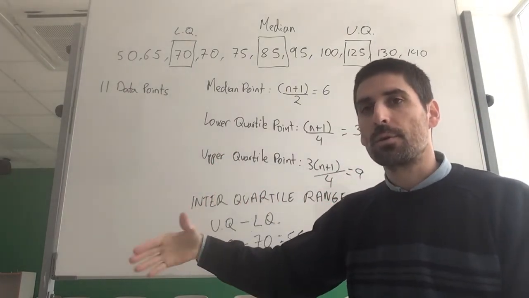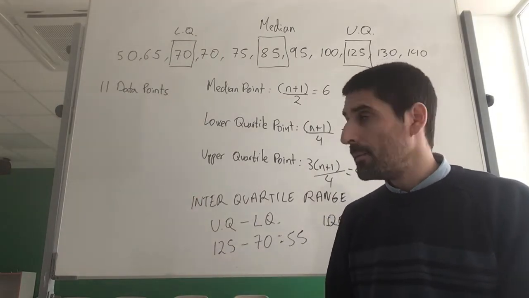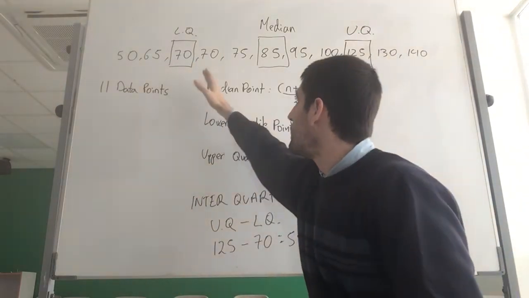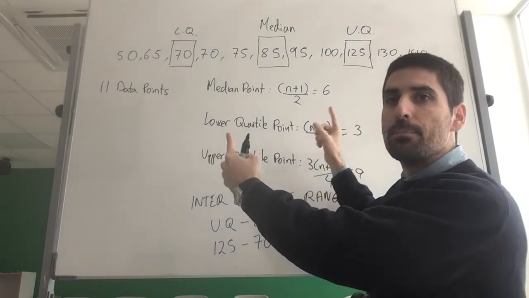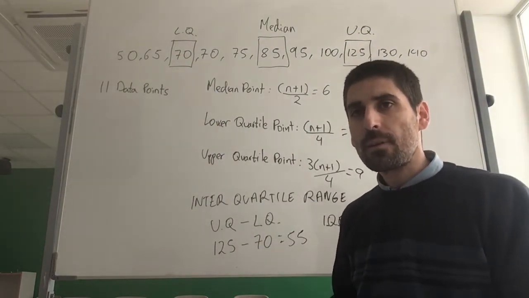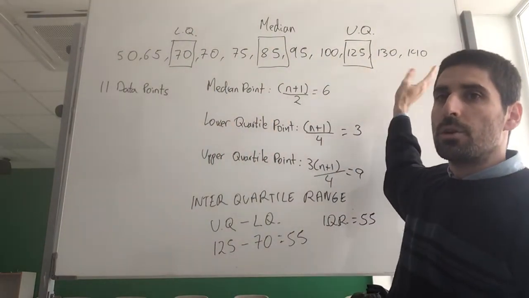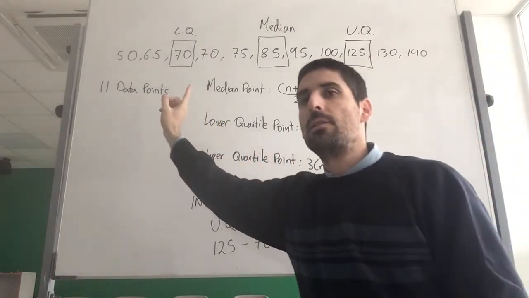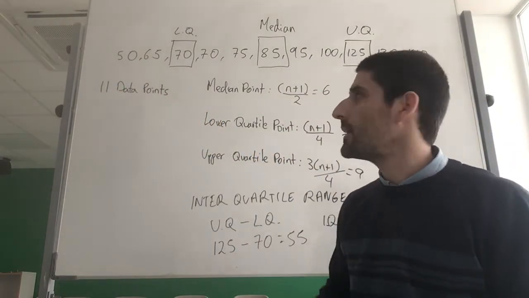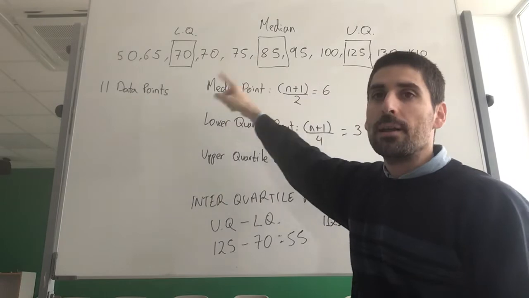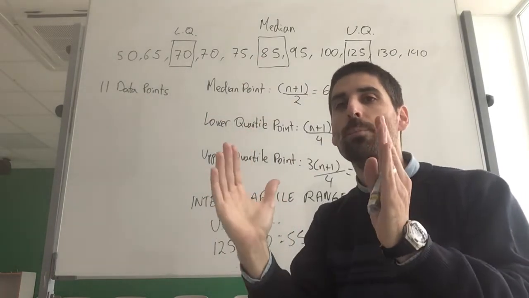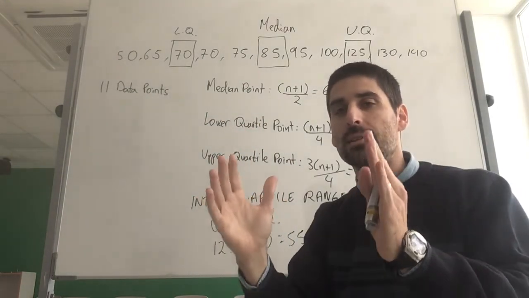And the interquartile range looks at the middle 50% of the data. It doesn't look at the top 25% of the data. It doesn't look at the bottom 25% of the data. It looks simply at the most representative 50% of the data.